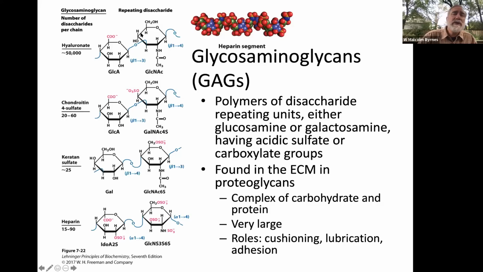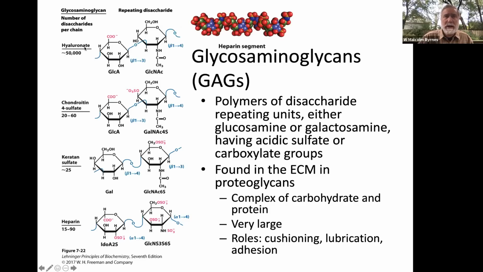So let's look at some different disaccharide repeating units that characterize different glycosaminoglycans, also called GAGs. Here in this table on the left, we see the name of the glycosaminoglycan and the approximate number of disaccharide units per chain. And then on the right, we see a depiction of the disaccharide unit.